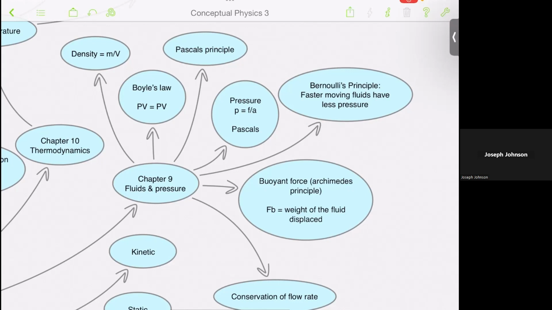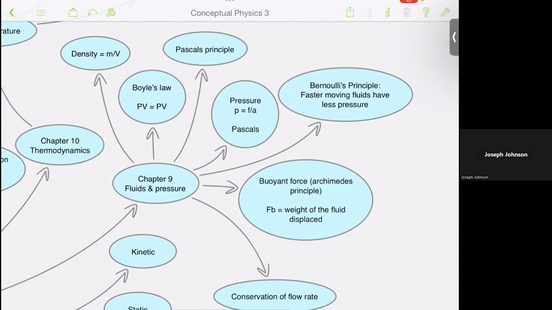We talked about density of the fluid being mass per unit volume, which is important when we talk about Archimedes' principle, which is buoyancy. Buoyant force equals the weight of the fluid displaced by the object that is in the fluid. If you've got an object just floating on the surface of something, the buoyant force equals the gravitational force because it's not accelerating, it's not moving.